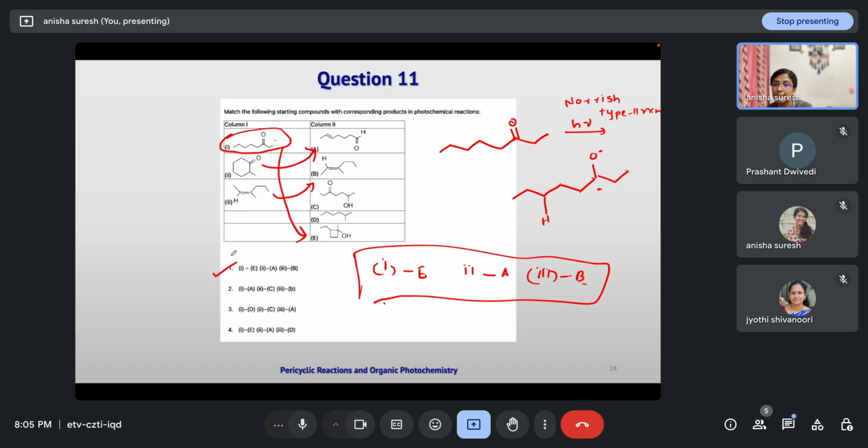Is it okay? In first case, a Norrish type 2 reaction is taking place. In second case, a Norrish type 1 reaction is taking place. And in third case, a cis trans isomerization of alkene is taking place, giving the final products.